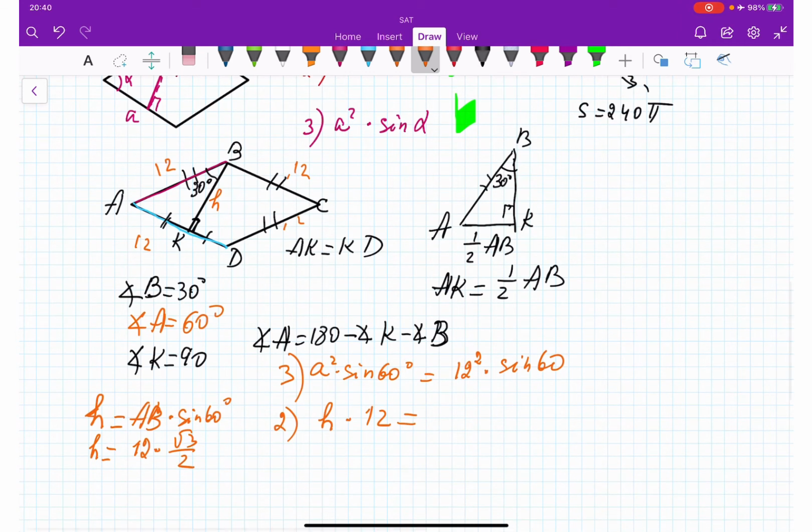So it's going to be 12 times 12 square root 3 over 2. Okay, and here is also 12 squared, 144, times sine 60, square root 3 over 2.